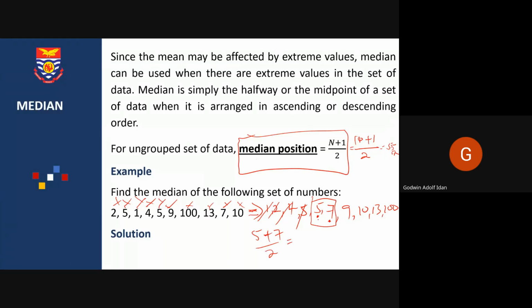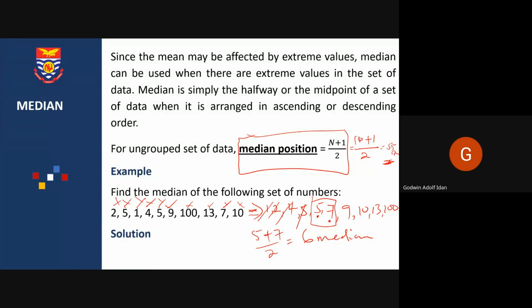This is done because it is not falling on any particular value. When you do this, you get 6 as our median, because 5 plus 7 is 12, divided by 2 gives us 6. So our median is 6, and the median position is 5.5.